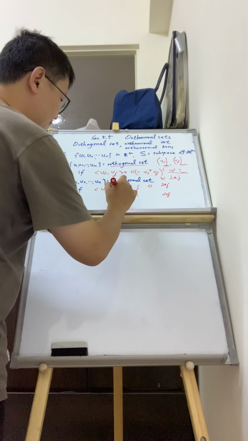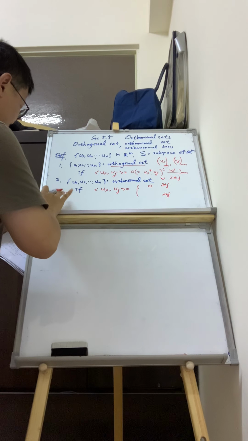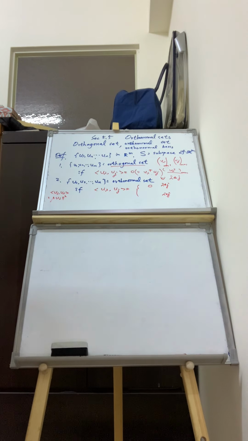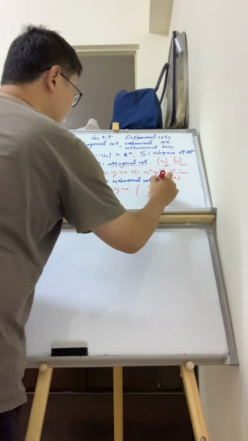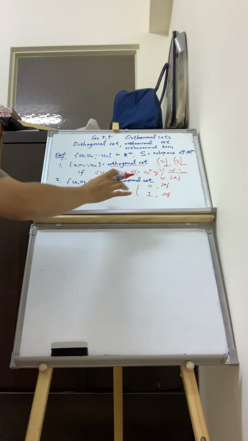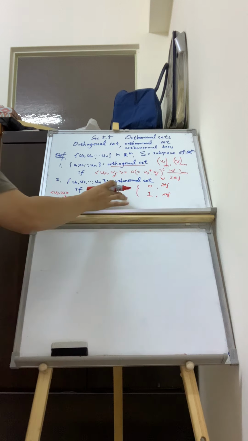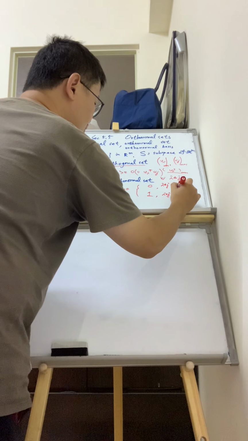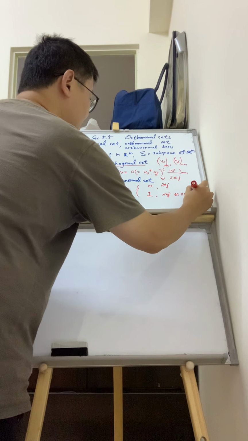You know that the inner product of ui with itself is the length squared. So in this case it's 1. If i is not equal to j, the inner product equals 0. If i equals j, the inner product equals 1. So it also means that the length of ui equals 1.